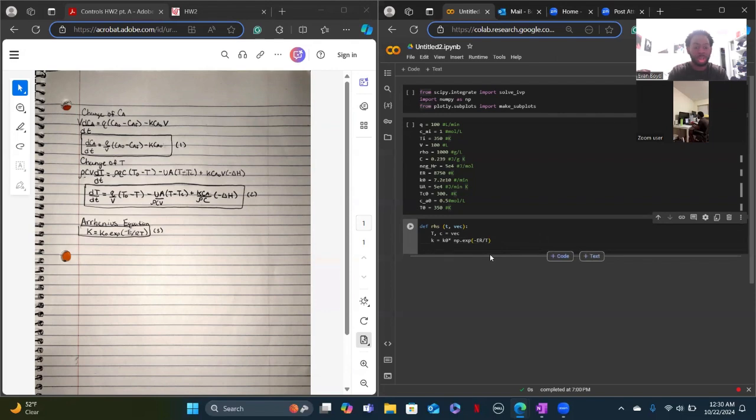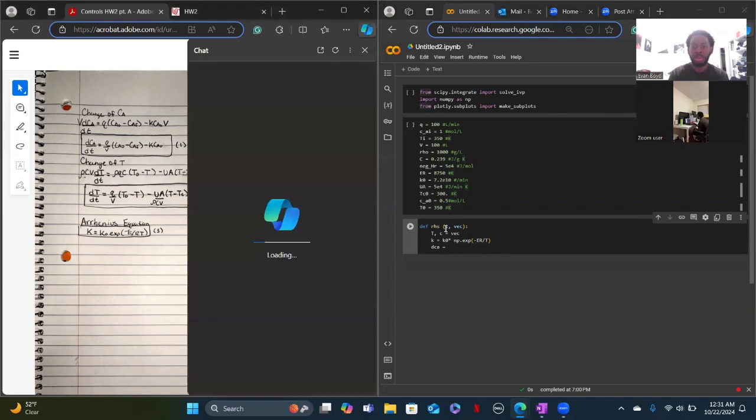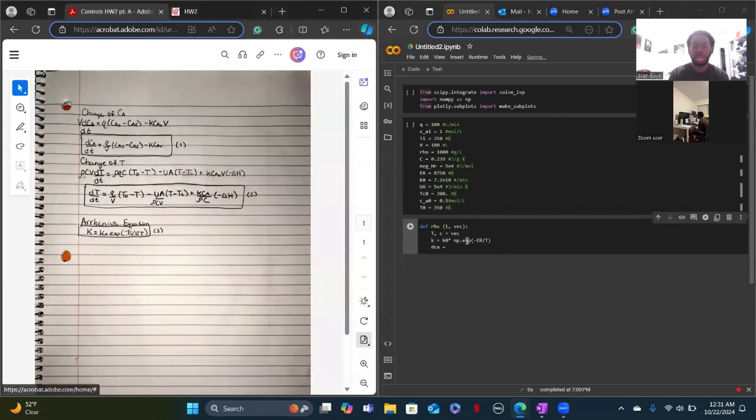We can start with our concentration. So we are trying to find our change in concentration. Okay, so CA. We're going to take this equation and put it in the Python just like that. So we'll do dCA is equal to, and we don't want to put in the divided by dt because we're already saying our function is with respect to time. Okay. So let's put this in.